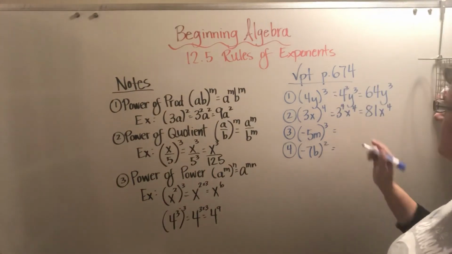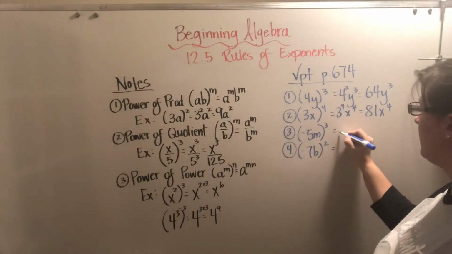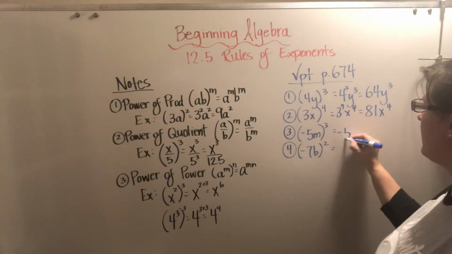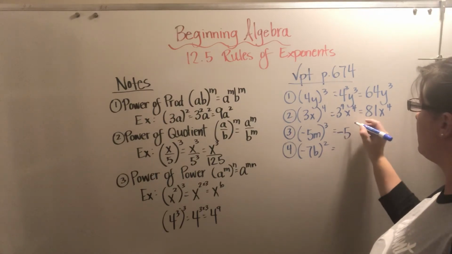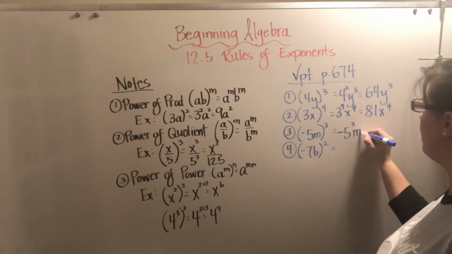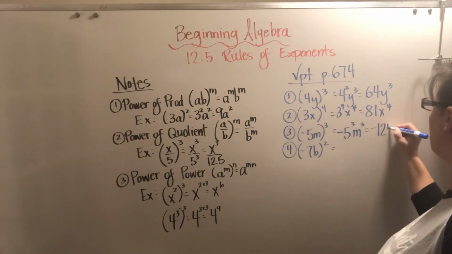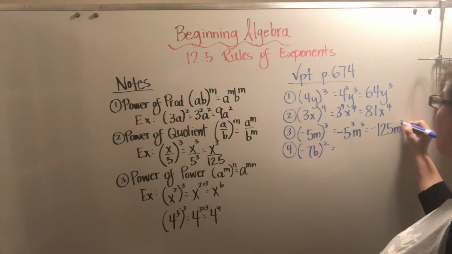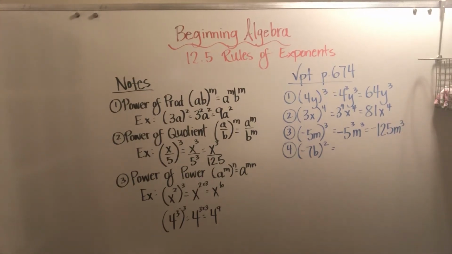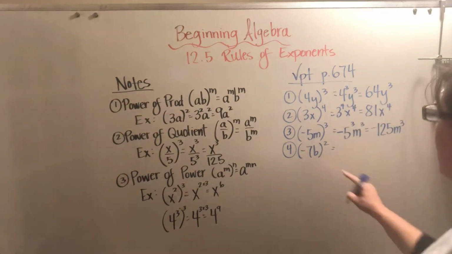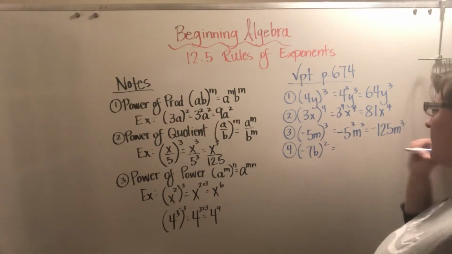But here we have an odd exponent, so I know my answer is going to be negative. So I have negative 5 cubed m cubed, negative 125m cubed. Can you see that? Yeah, good.